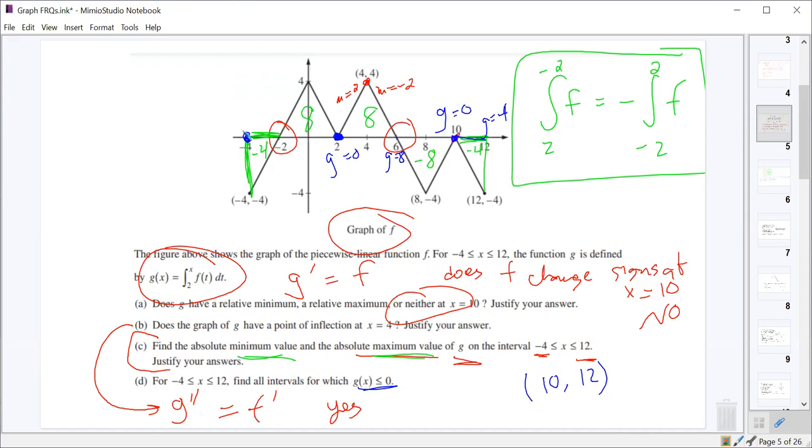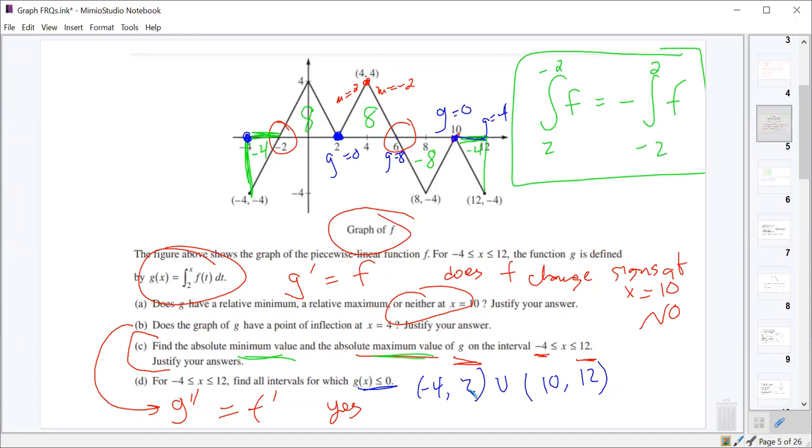So this value at -4 is negative. It's negative until we get here to -2. This is still -8 at -2. And then it takes all of these 8 positive units to get back to 0. So it should be negative from -4 to 2 also. Does that make sense to everybody?